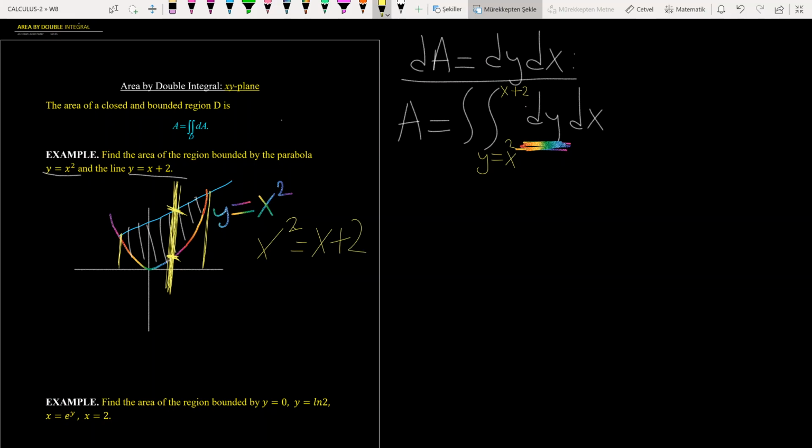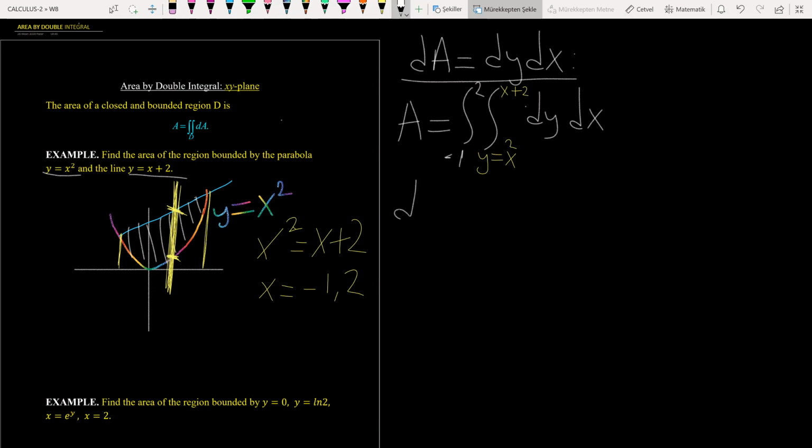If you solve this equality, you will see that x is either minus 1 or 2. So x is from minus 1 to 2. And it's very simple to compute this double integral. This is the first way.